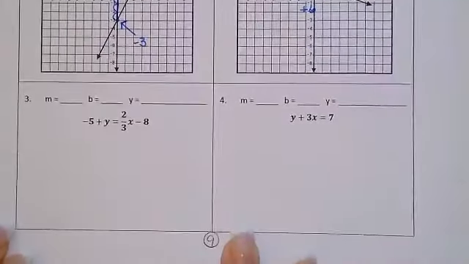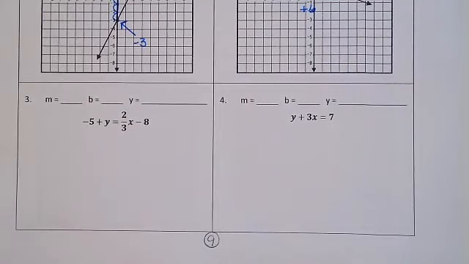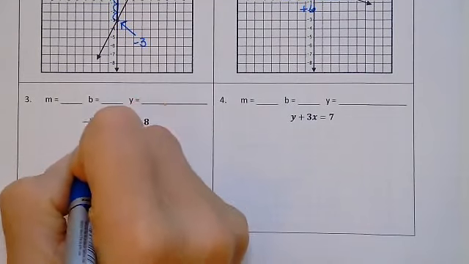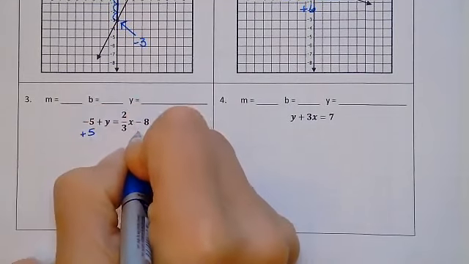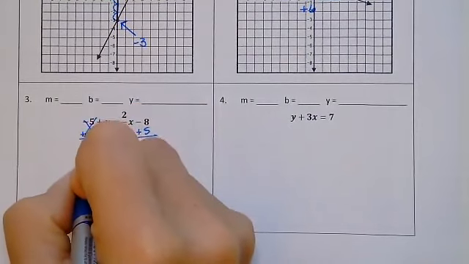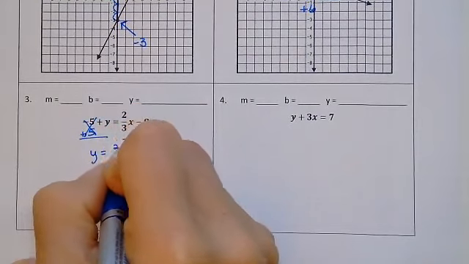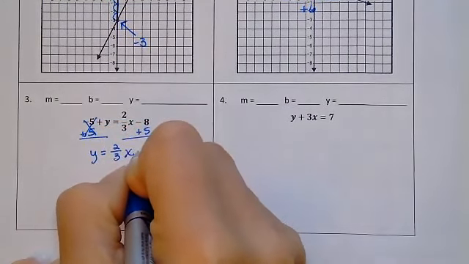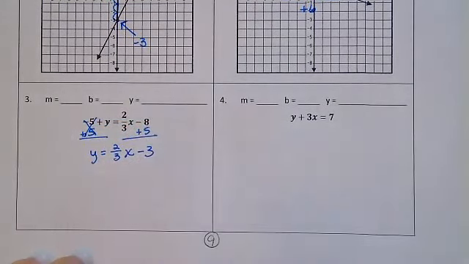Okay, next one, number 3. Now we're given an equation. So first of all, we need to get this into slope-intercept form. So I'm going to do some rearranging. I need y by itself. So I'm going to add 5 to both sides. Y equals 2/3 x, and -8 plus 5 is -3.